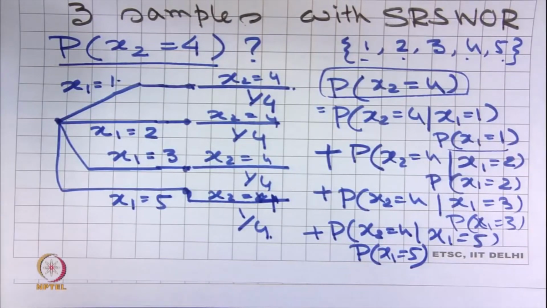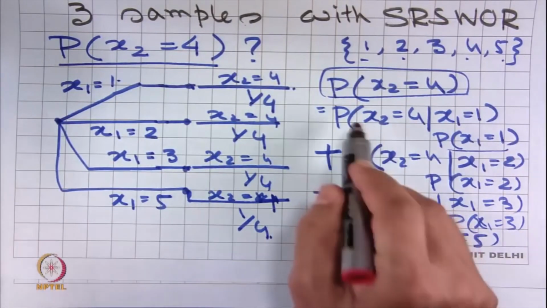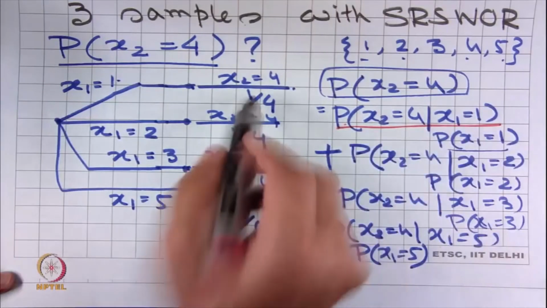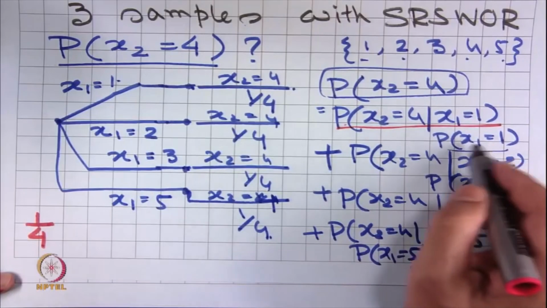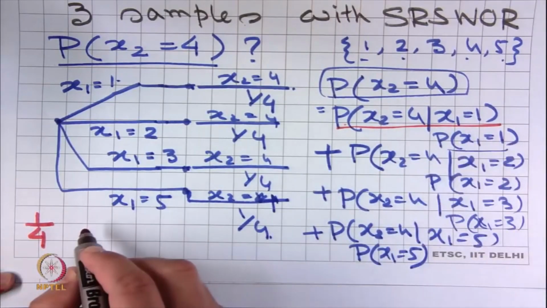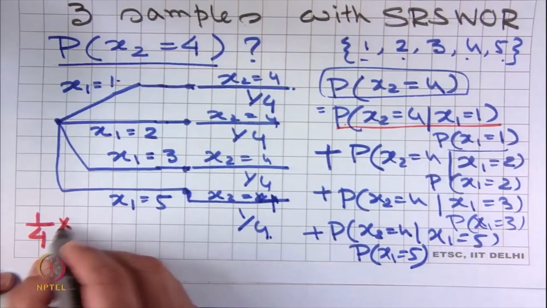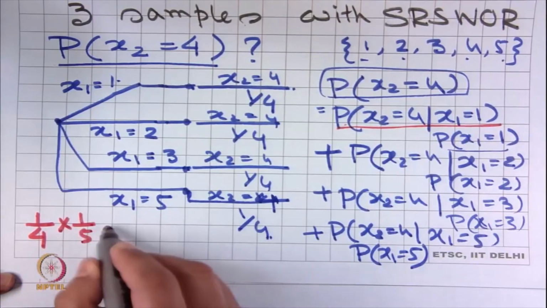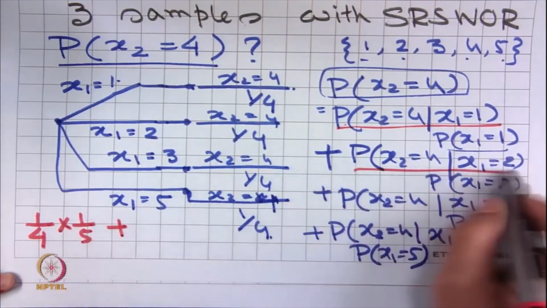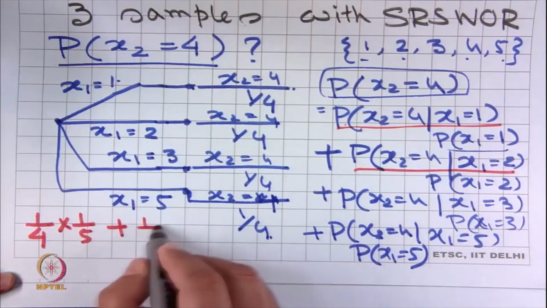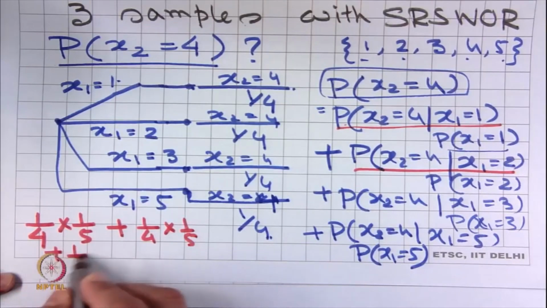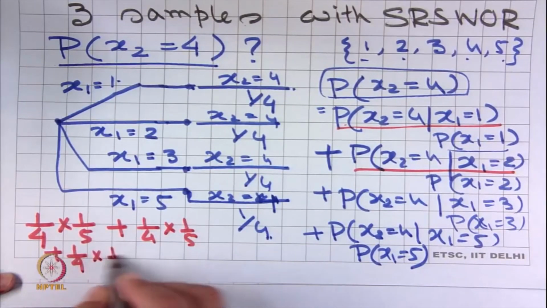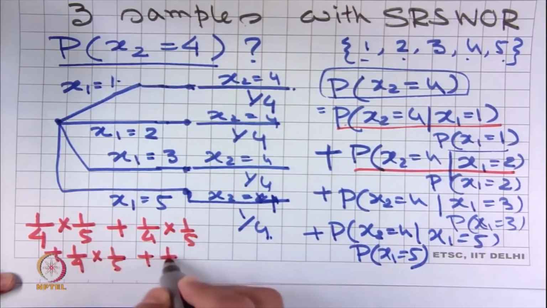So, what is going to be the probability? This probability is, as we have calculated, 1 by 4, and the probability that x 1 is equal to 1 is 1 by 5, plus 1 by 4 multiplied by 1 by 5, plus in a similar way 1 by 5, plus 1 by 4 multiplied by 1 by 5.